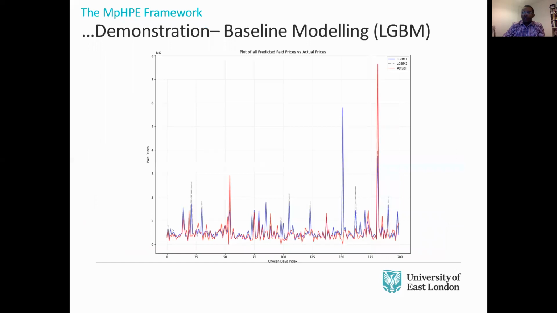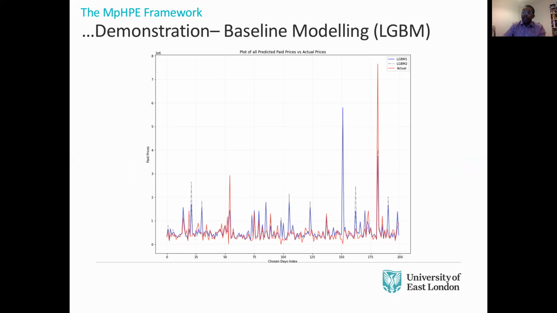On screen, you've got the baseline results for light GBM, looking at both tier 1 and the introduction of tier 2. Remember, tier 1 is just the price paid data and the ONS data, while tier 2 introduces rail stations, distance from rail stations, distance from bus stops, and distance from supermarkets.